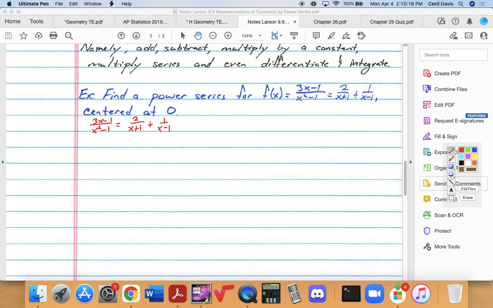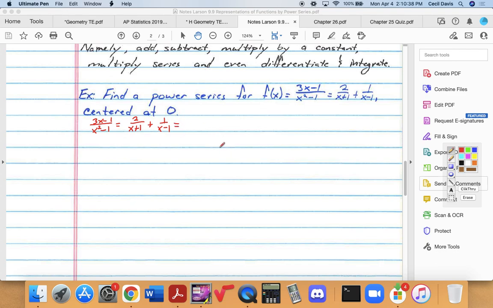By the way, how do you think they got that? If I just gave you the first one, how could you get those two fractions? Partial fractions. Yeah. Partial fractions, exactly right. You'd have to use the method of partial fractions to split it up. And both of these, I'd like them to be a over 1 minus r.